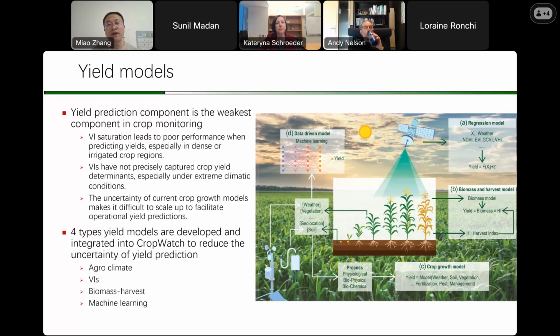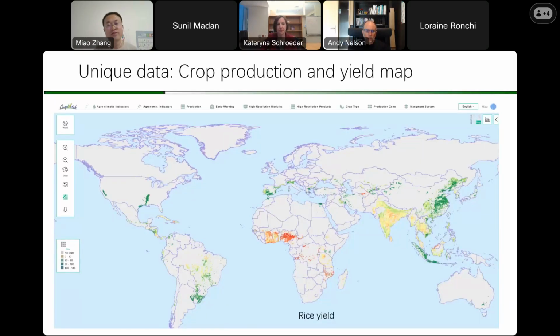For rain-fed areas, mostly we can simply rely on a regression model, but for irrigated or high-density cropping systems, we use other methodologies like the biomass and harvest index model, where we can track the cumulative biomass and then convert it to the weight of the grains to estimate the crop yield. So this is a very brief introduction of the methodology.